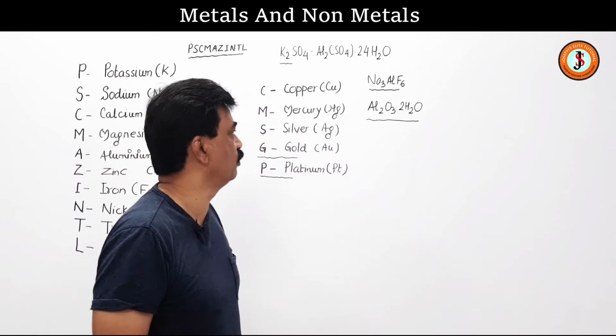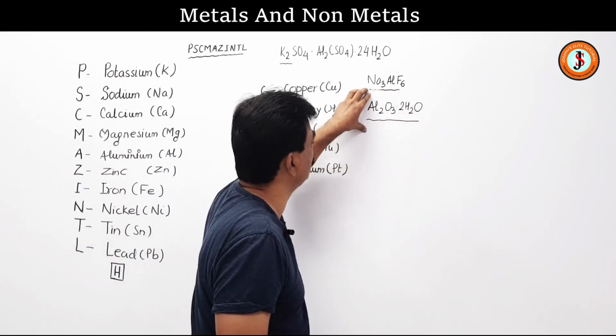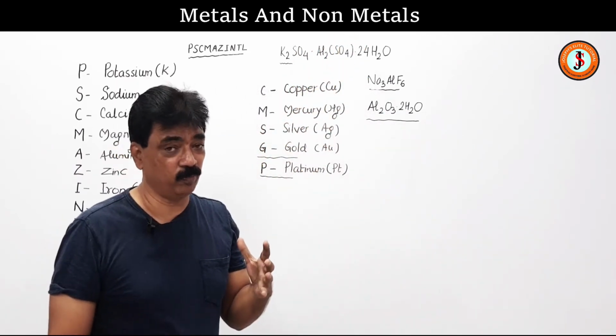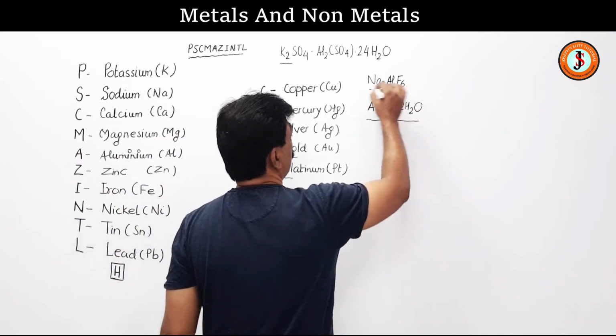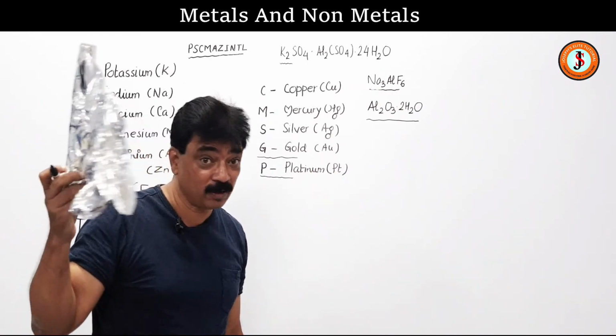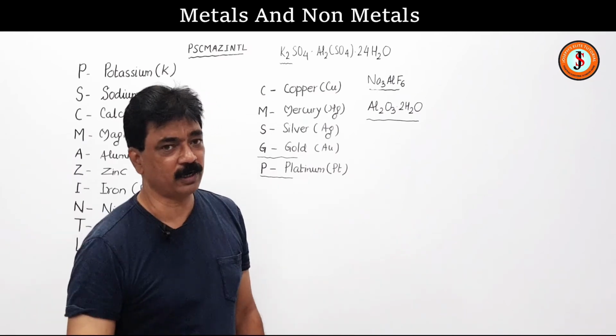But what happens, have a look. Suppose you have to extract aluminum. Aluminum is present here, and aluminum is present in potash alum also. So, from where can you extract aluminum? You can open an aluminum foil industry, that is pure aluminum. So, what has to be done?